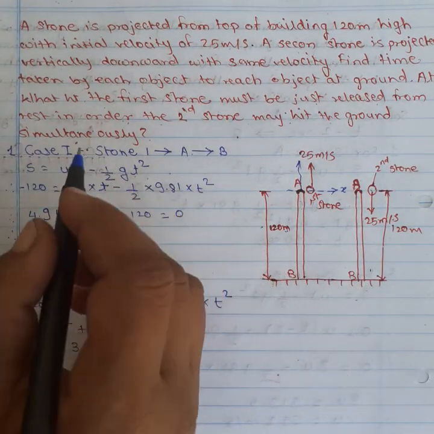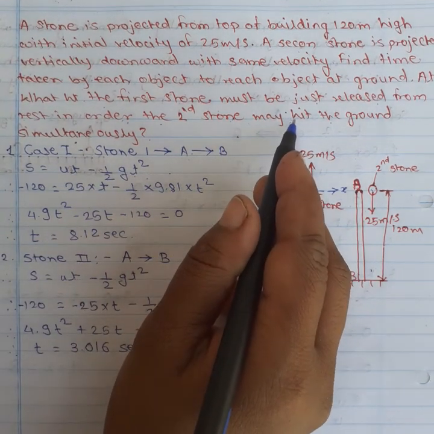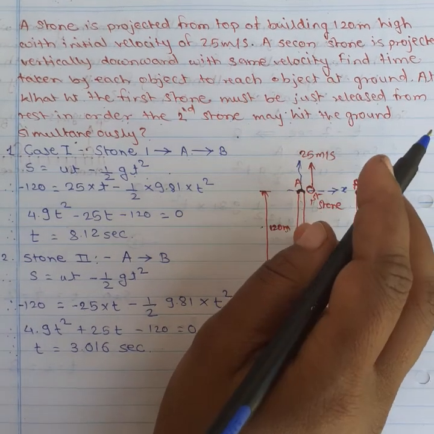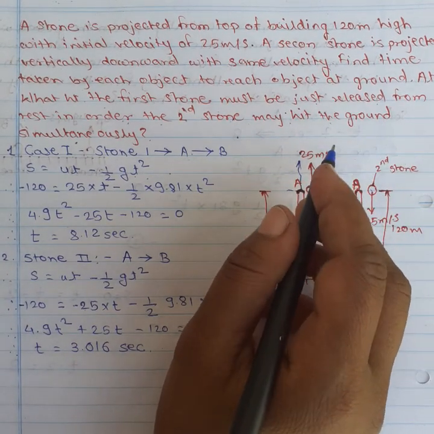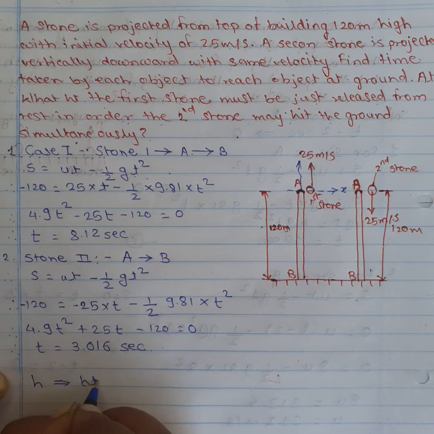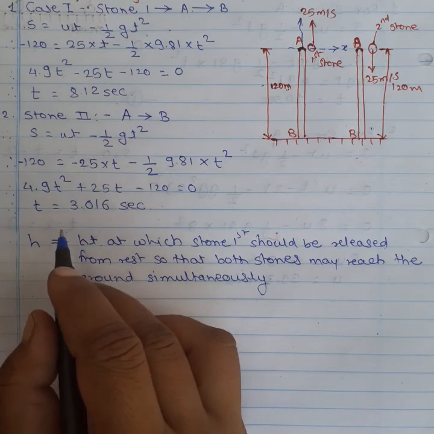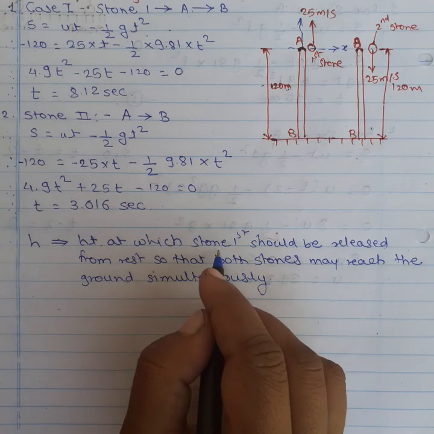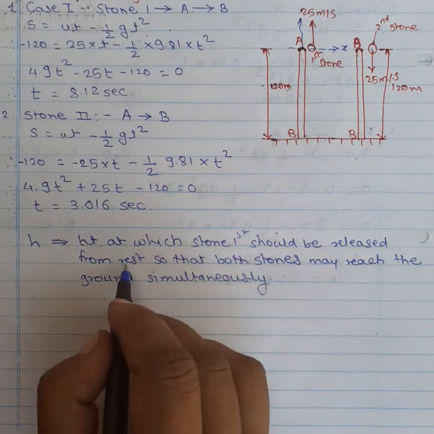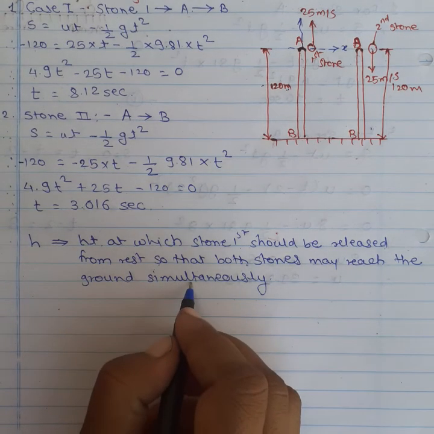Let h be the height from which the first stone should be released from rest so that both stones reach the ground simultaneously.